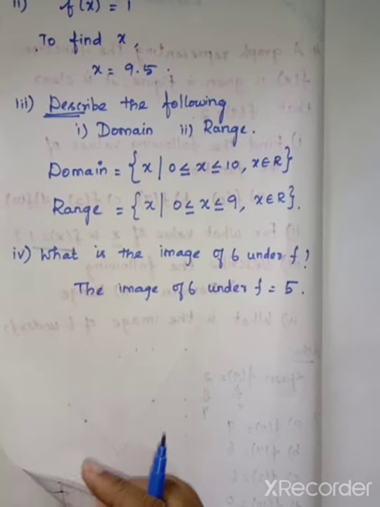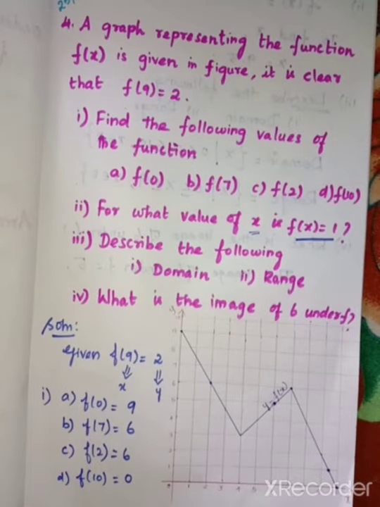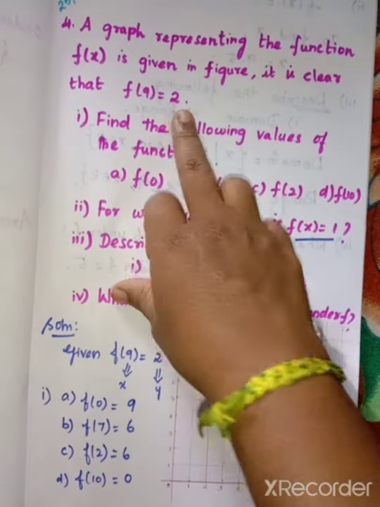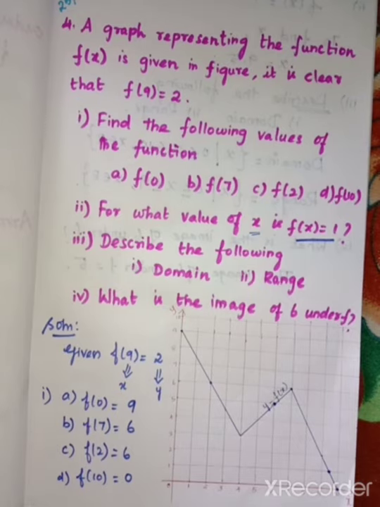Again I will recall for you. In the question they mention a graph representing the function f of x is given in the figure. They have mentioned that graph as the figure. So that is clear: f of 9 equal to 2. It is just a given, a clue point. Using that we have to find these four subdivisions.